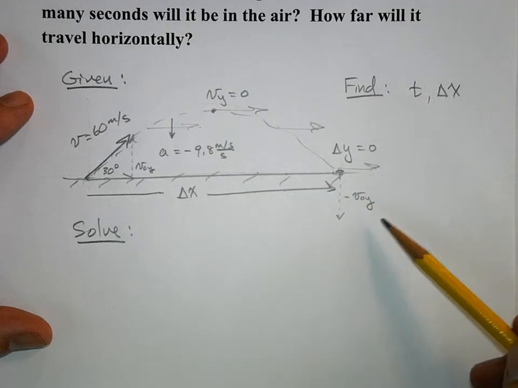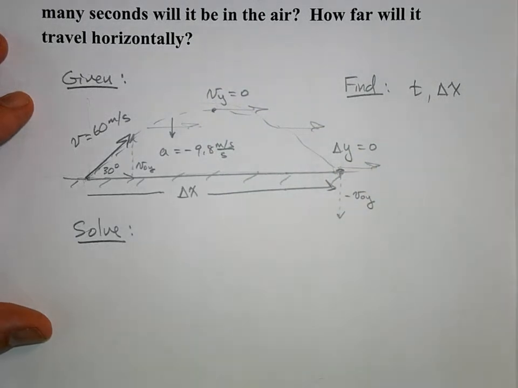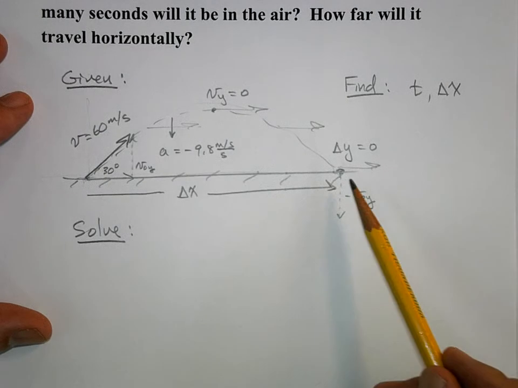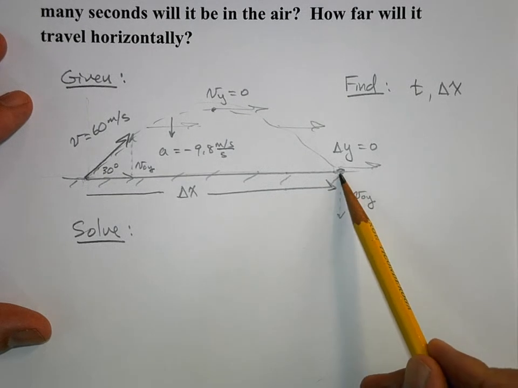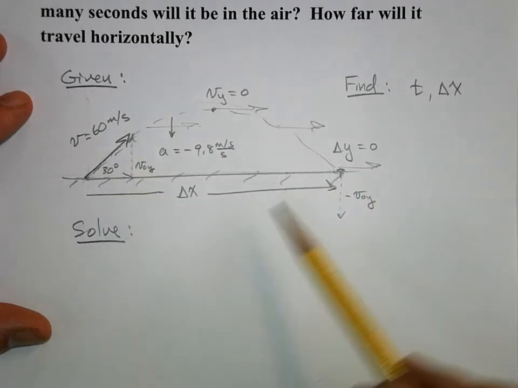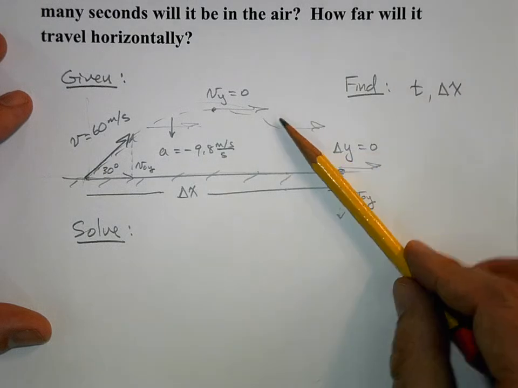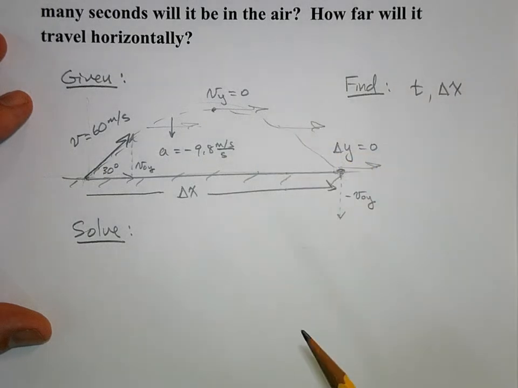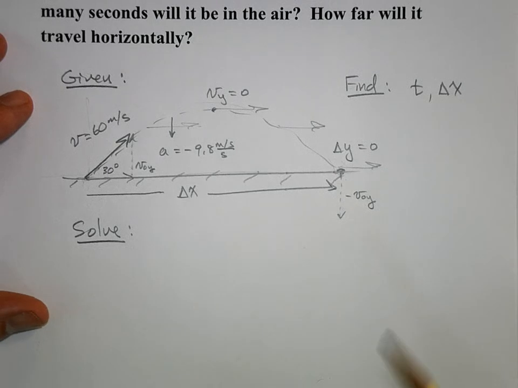You can prove that. So that's another thing you can use. You actually know what the velocity is here, just before it hits the ground. It's 60 meters per second at an angle that is 30 degrees below the horizon. So it's very symmetric kind of a thing.